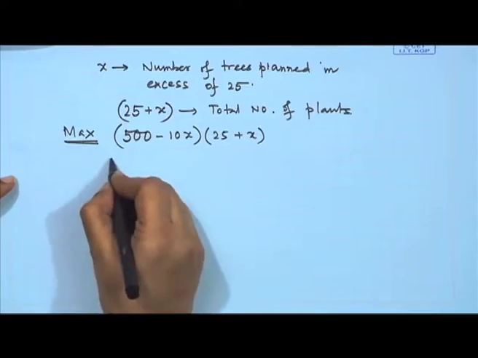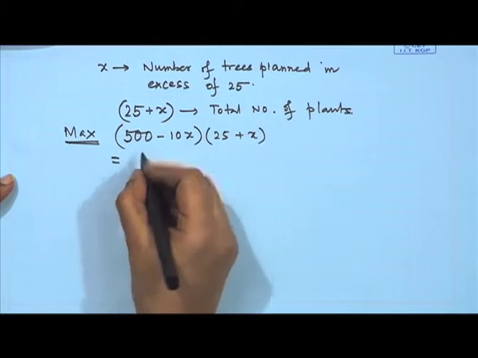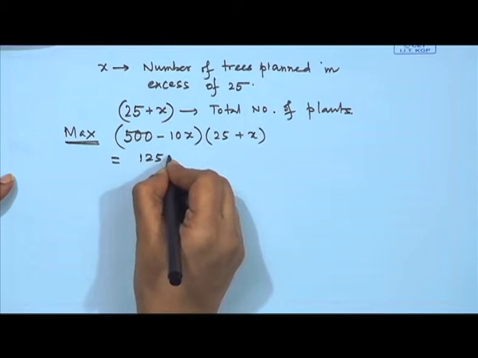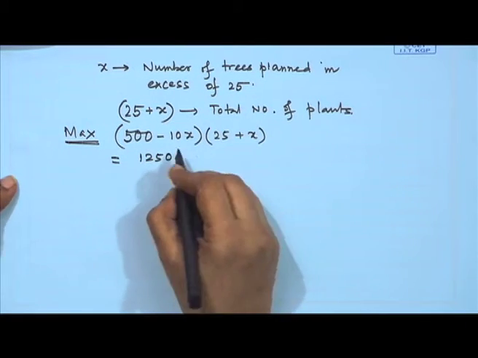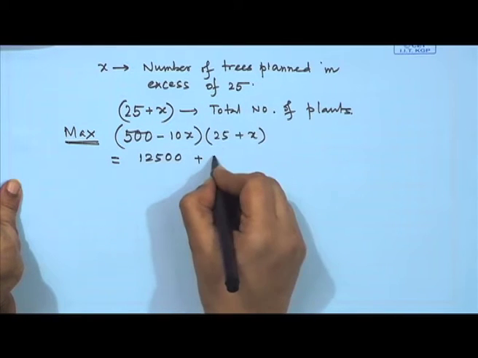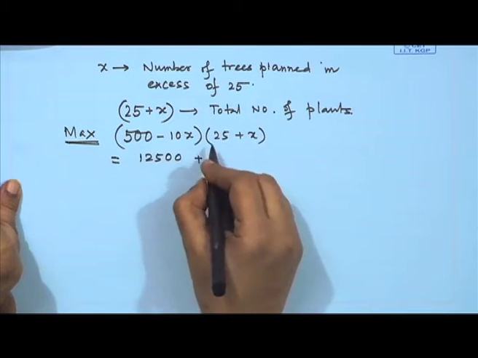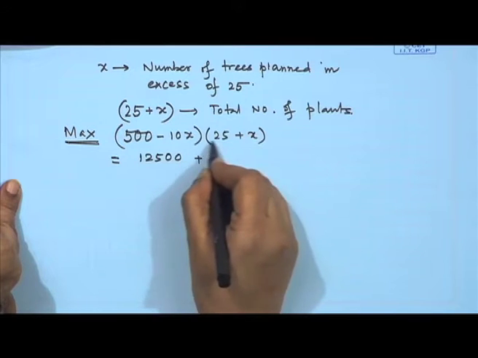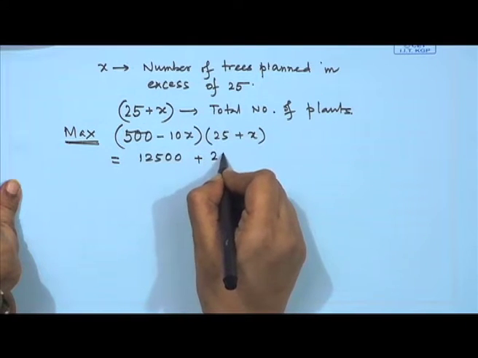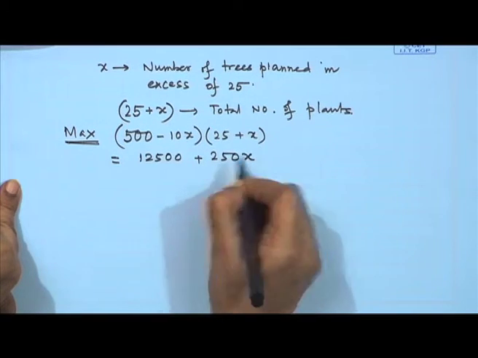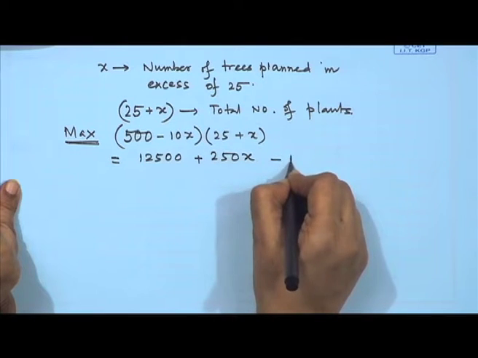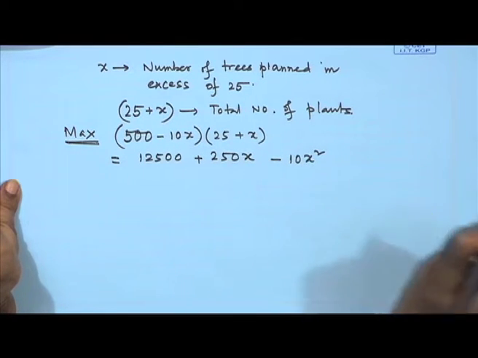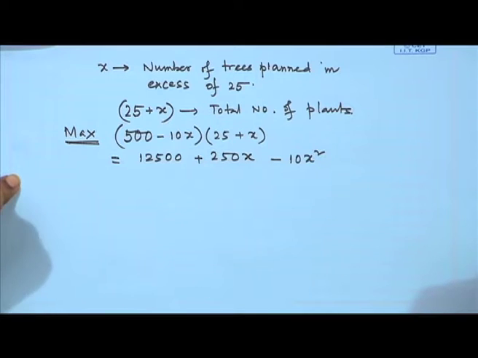Now, if this is the problem for us, then just look at the function. This function is coming as 125,000 plus 250x minus 10x square. Alright, we have to maximize this function.